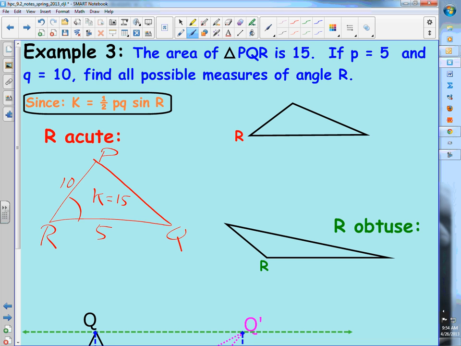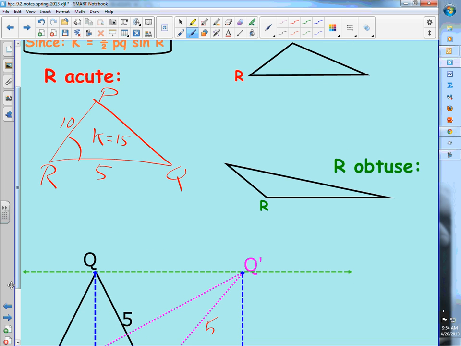So I'm just going to plug into my formula. K, 15, is equal to 1/2 times 10 times 5 times the sine of R. Now, ultimately, what am I going to have to do to find the sine of R? What's the last thing I'm going to do? Sine inverse. And whenever you do a trig inverse, what's going to happen?